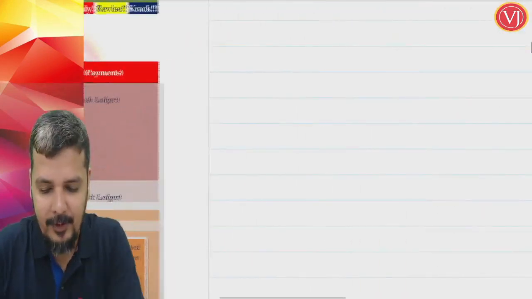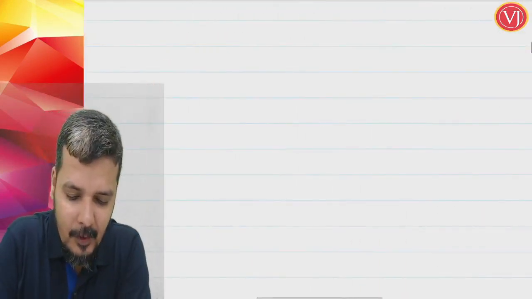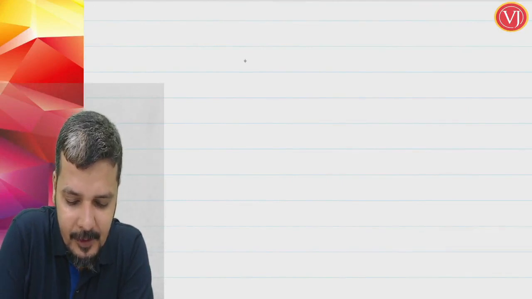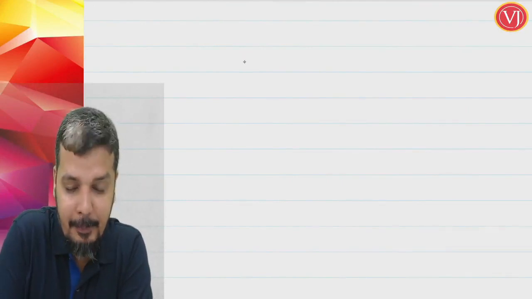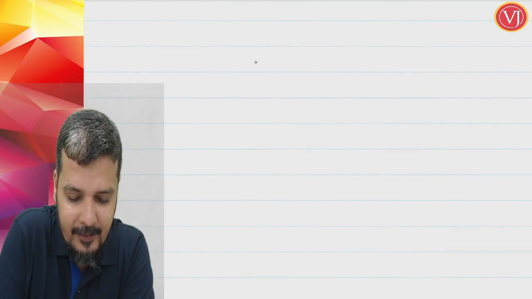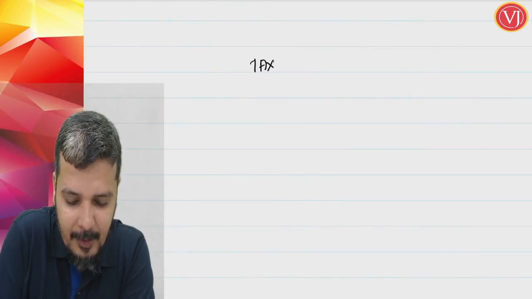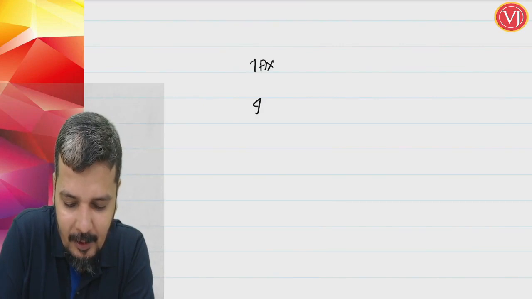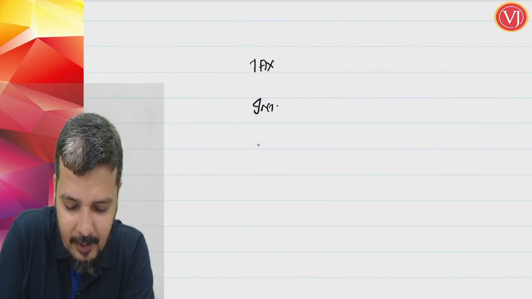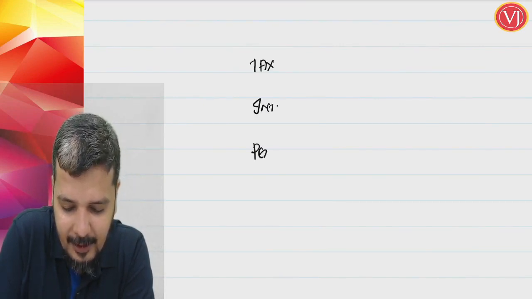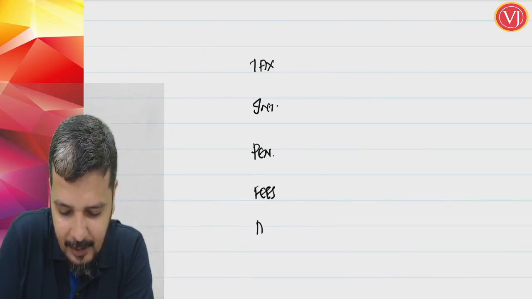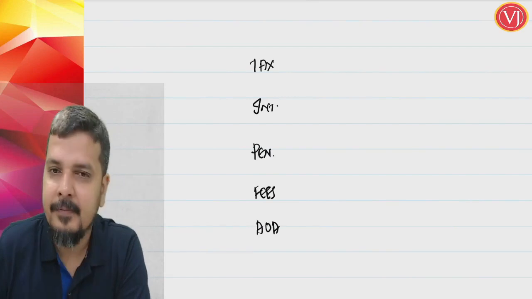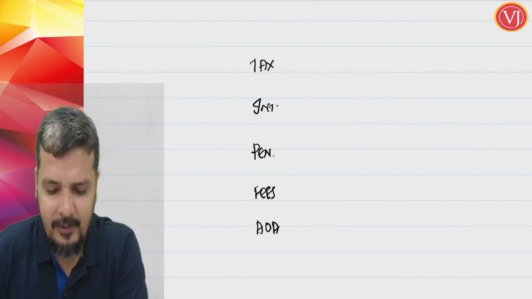Let me put it this way. If you are categorizing your various payments, it can be tax, it can be your interest, it can be your penalty, it can be fees including late fees, it can be any other amount which is due.